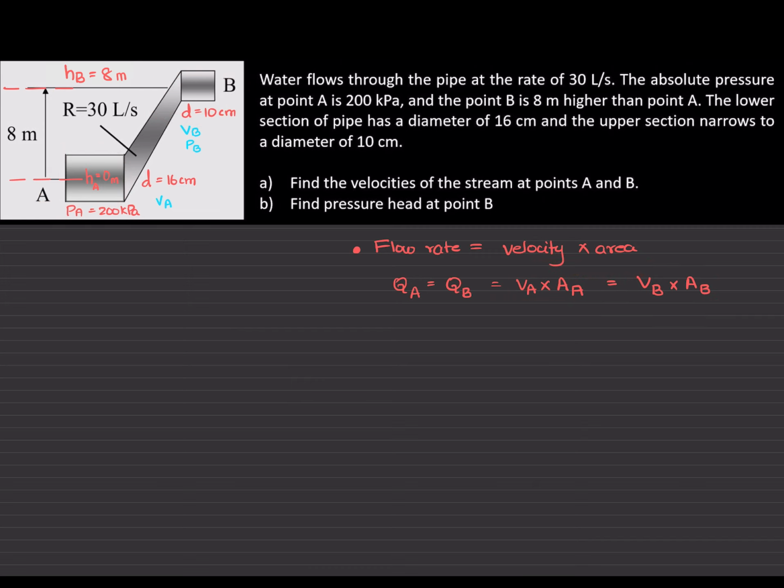And another equation that we will be using to solve this question will be the Bernoulli's theorem. I'm going to note that down in here as well. Bernoulli's theorem. And Bernoulli's theorem states that pressure at any point in this pipe is going to be a constant.